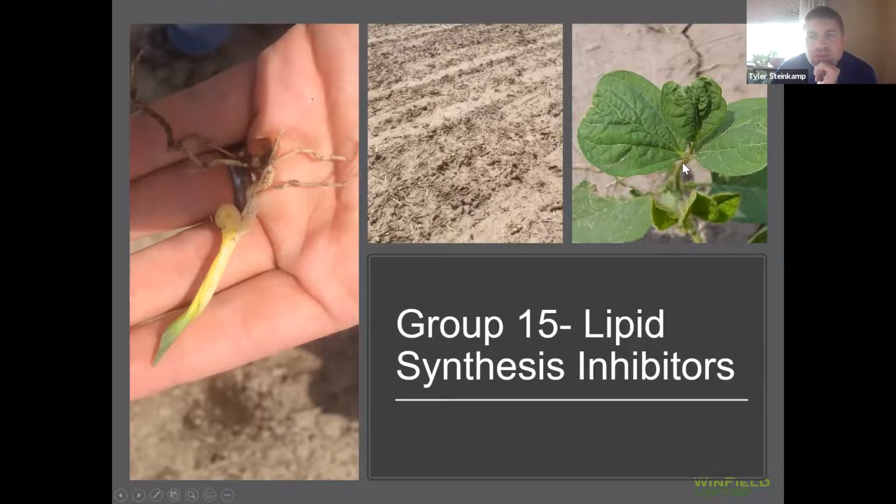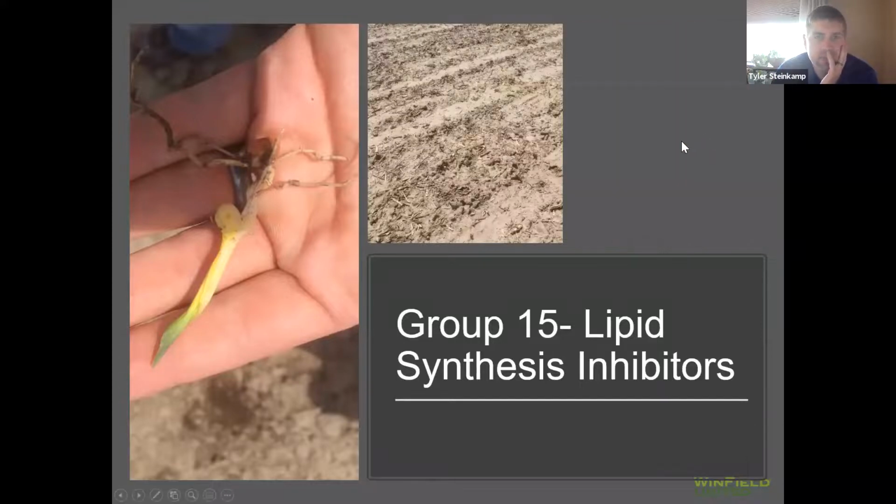And what you'll see with this is, especially as it's been dry for a while and then all of a sudden you get a rain, that group 15 reactivates and you get a little bit taken up through the roots of soybeans in particular, and you can see this type of effect. You're probably going to affect 1 to 2 leaves, not going to have a yield loss, anything like that. You're going to affect a couple leaves, they're going to come back out, and you're going to be fine.